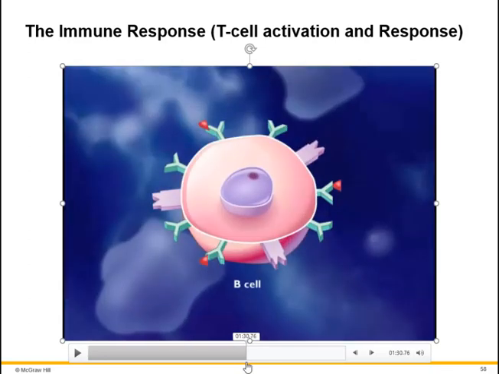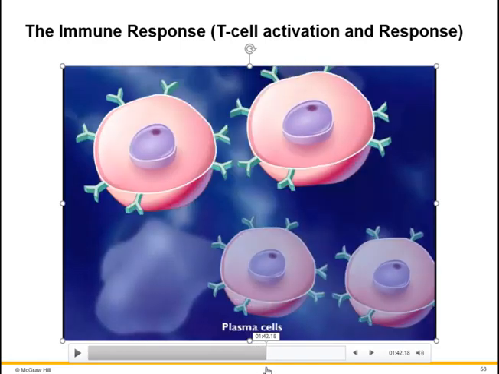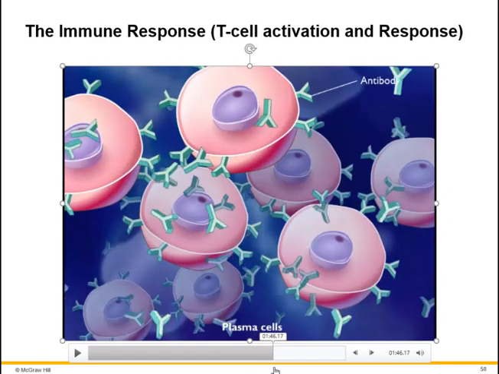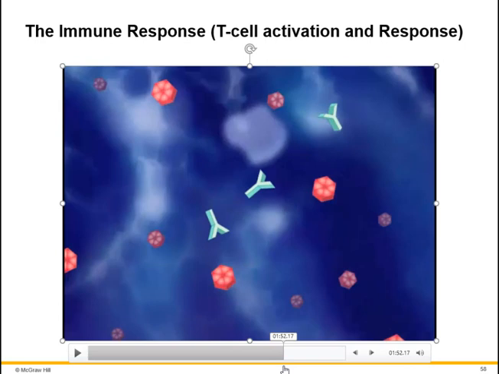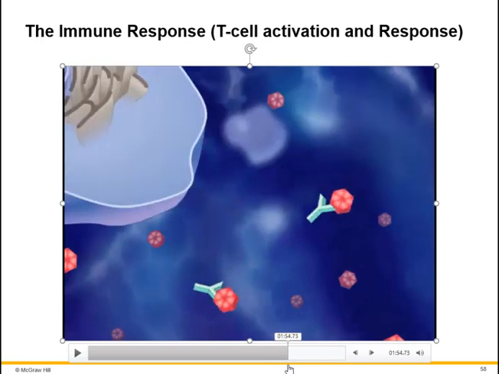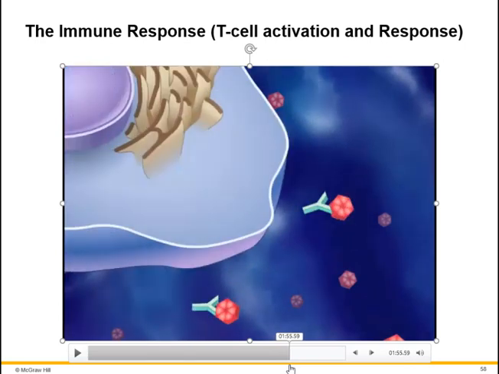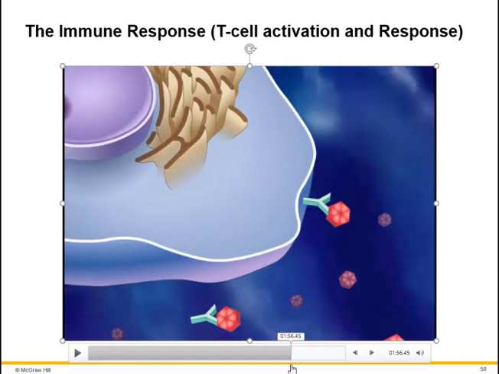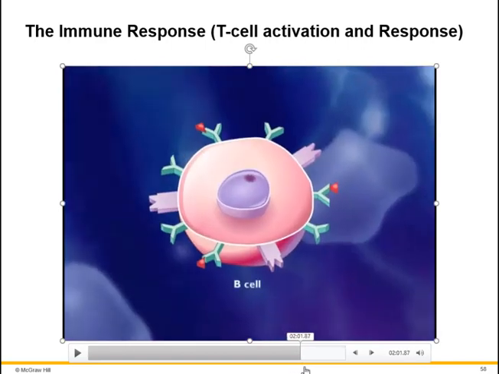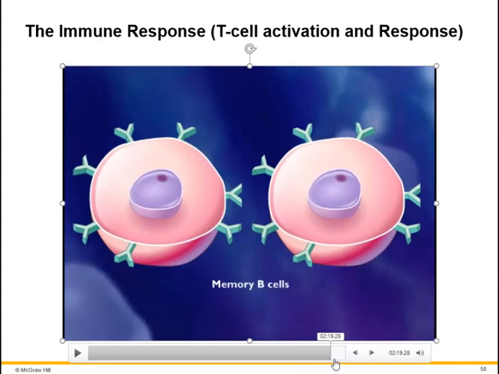So that is the T cell, and then the B cell, you can see, proliferates and differentiates and makes these antibody-producing cells, which they show you how they neutralize the virus or toxins, and how they make memory cells as another thing. So that's a little bit about that.